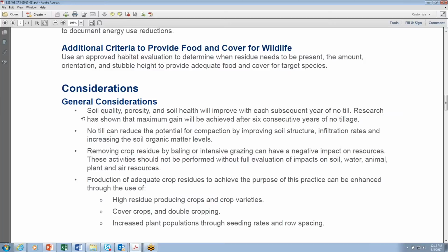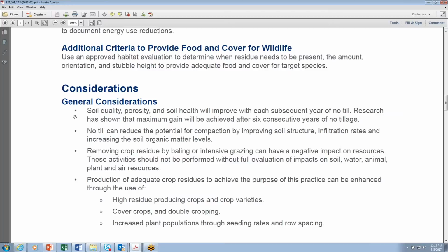But if we don't do continuous 6 years in a row of no tillage, we're never going to really achieve what it is that we're trying to do from a soil health standpoint. So I always point that out. That's really a critical element. So those folks that have been into no-till for a long time really are seeing the value. Their infiltration rates are increasing, their bioactivity, all kinds of reasons no-till is really successful.